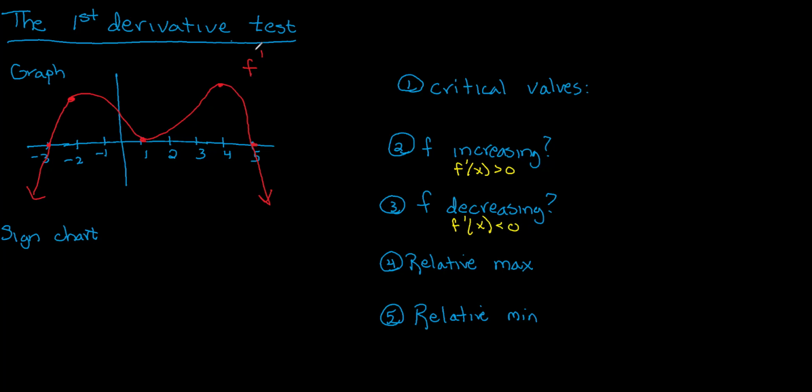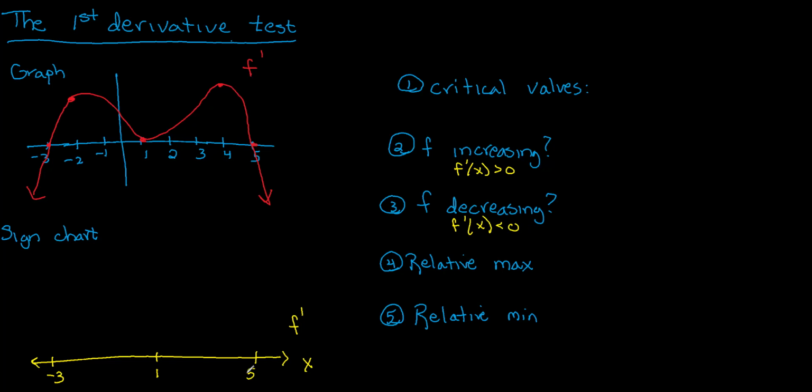So let's make our sign chart. I've got a lot of interesting points to keep track of here. The first of which is -3. Then I've got another critical value at 1. Another critical value at 5. Now, you might even be so bold as to think about what the second derivative would look like and see if you could infer something about concavity.